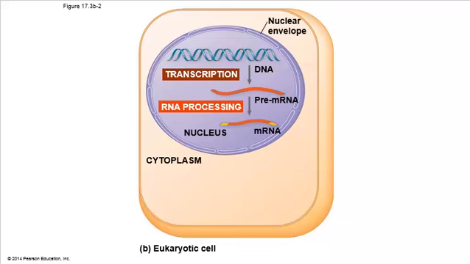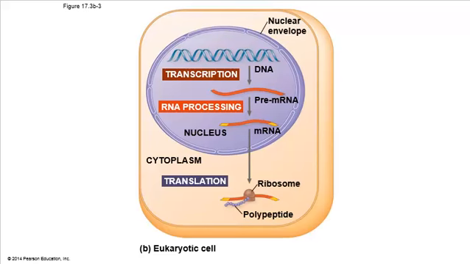The initial RNA transcript of any gene is called a primary transcript, while further processing yields the finished mRNA. The finished mRNA then leaves the nucleus and goes into the cytoplasm, where the machinery for building the protein is found and translation occurs.